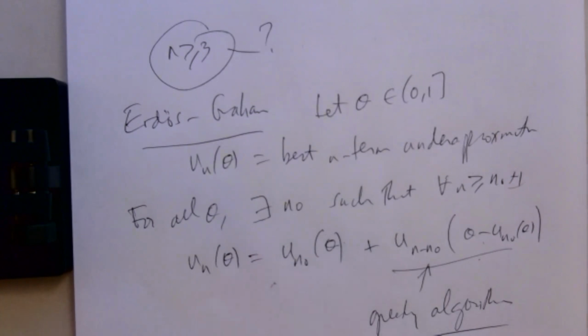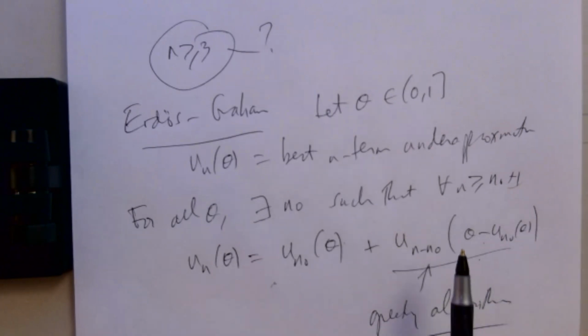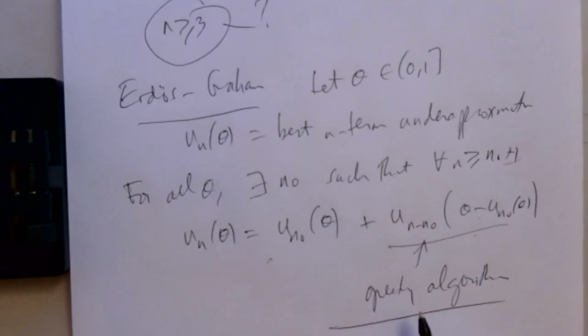So this means for every theta, if you want to calculate the best n-term under-approximation, from some point on it is always given by the greedy algorithm. We know that it's not always given by the greedy algorithm from the beginning because we have counterexamples. But the assertion is that from some point on, this is true.